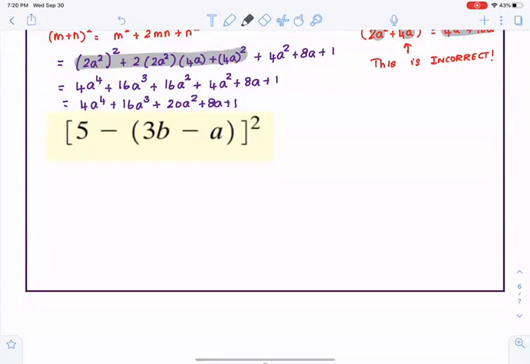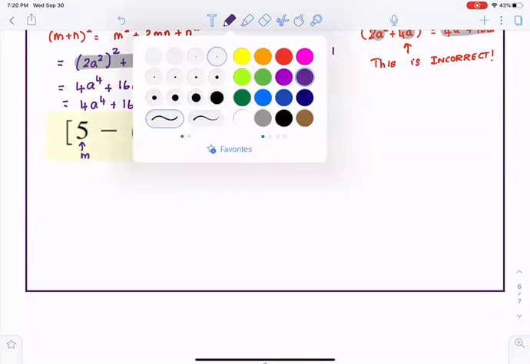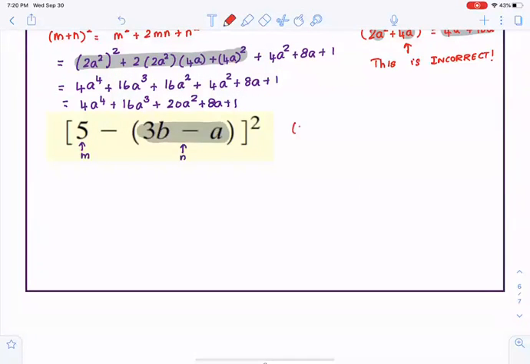So, going to call that M and that entire term as N. And the identity that we're going to use is (m minus n) squared, which is m squared minus 2 times m times n plus n squared.